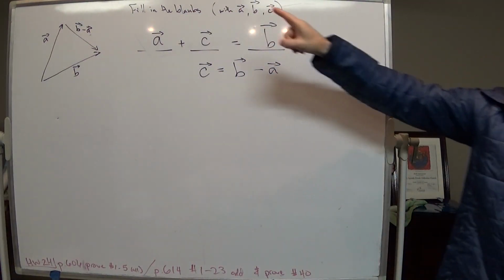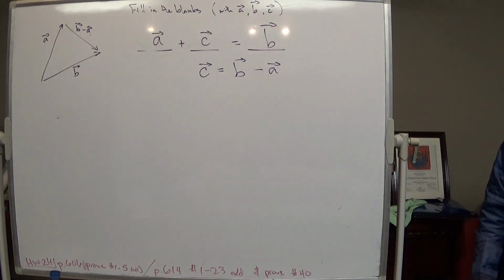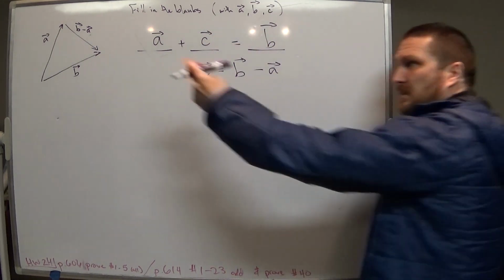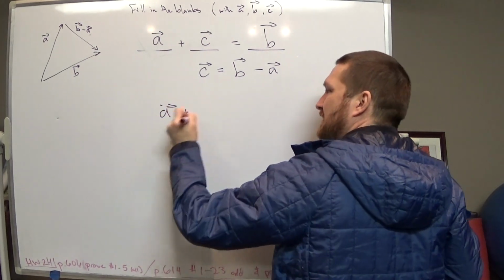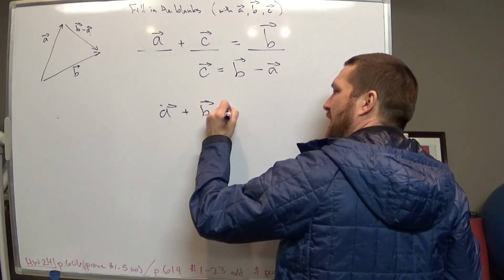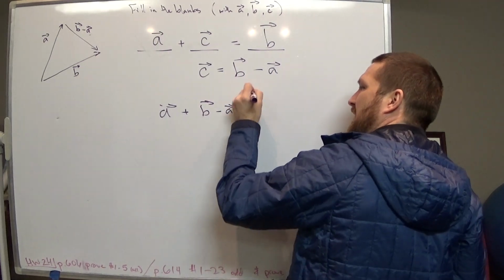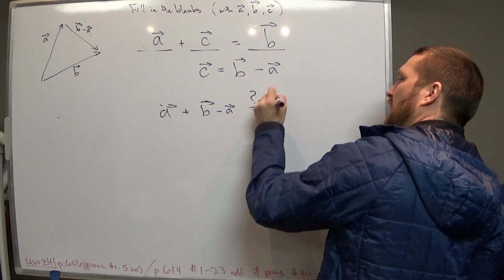Now what did we just say, that A plus C equals B? Let's check that. Does the vector A plus the vector B minus A indeed equal B?